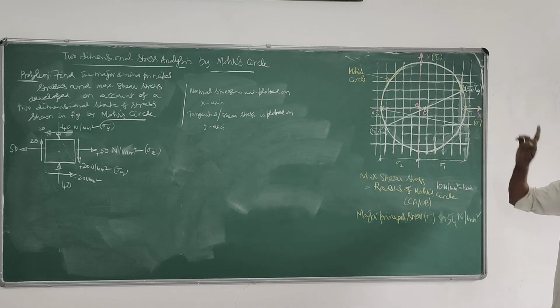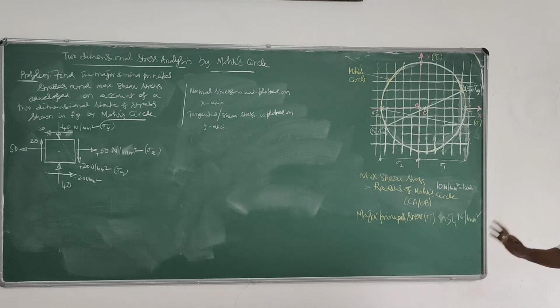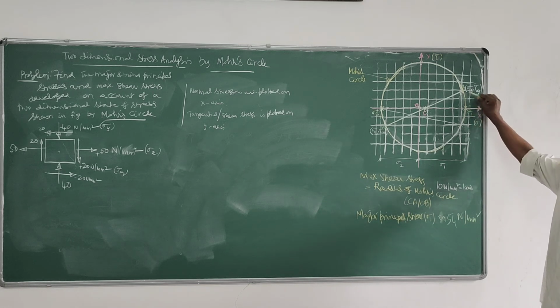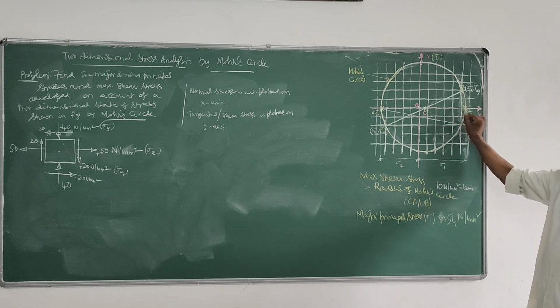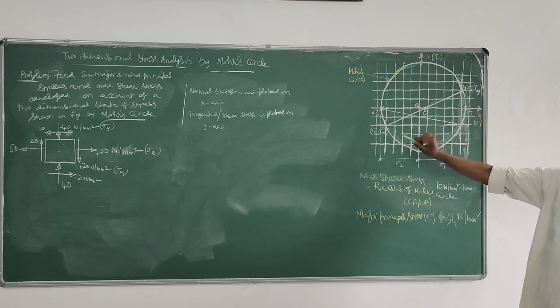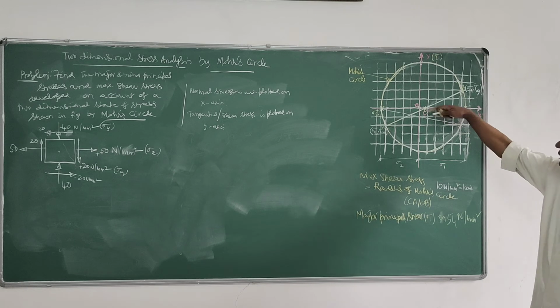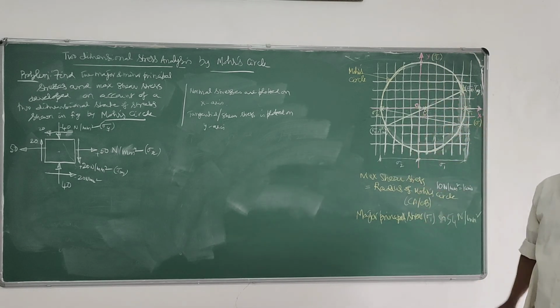So that is sigma 1; straight away we get it. Don't confuse this sigma 1 with point A. A has been plotted with sigma x and tau xy. Here it is only sigma 1. This is the sigma axis, that is the tau axis.